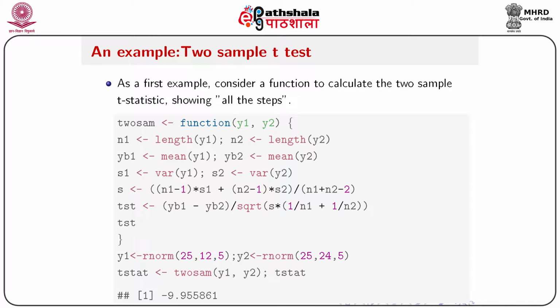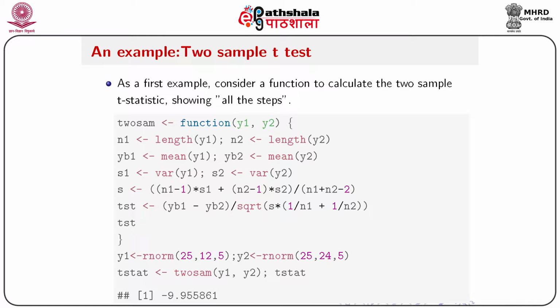Then we take n1 equals length of y1, n2 equals length of y2, yb1 equals mean of y1, yb2 equals mean of y2, s1 is variance of y1, s2 is variance of y2, then s is (n1 minus 1) s1 plus (n2 minus 1) s2, divided by n1 plus n2 minus 2, that is the common variance.